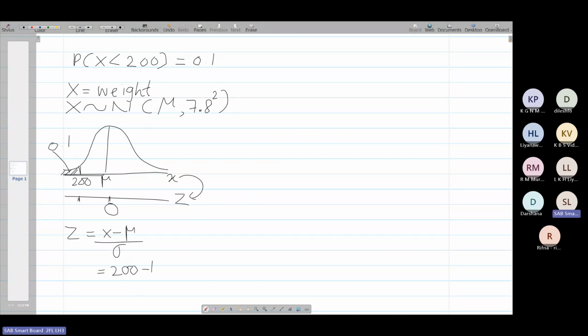We do not know the mu value. Standard deviation is 7.8. Then two values are missing here, Z and mu, so we cannot simplify it. Therefore, using the probability value, we can find the Z value. Okay, then we use the Z distribution.